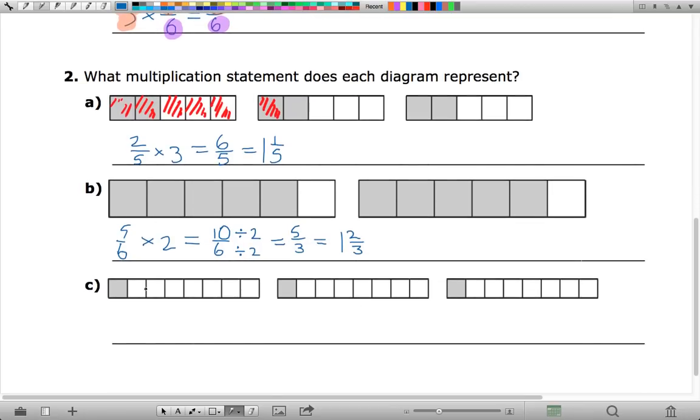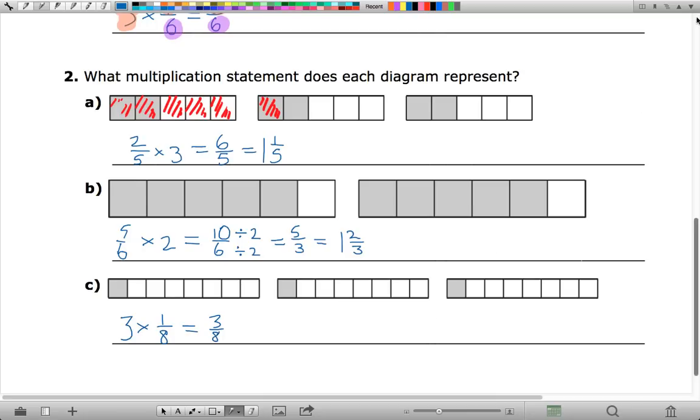And finally, we've got 3 times 1 out of 8, 3 times 1/8, and that is, of course, 3/8.